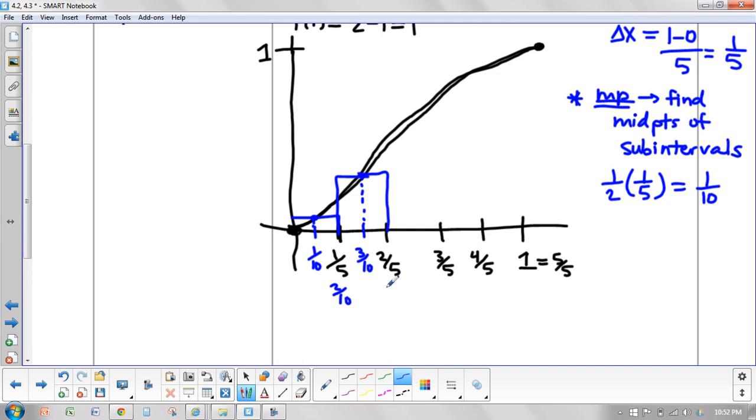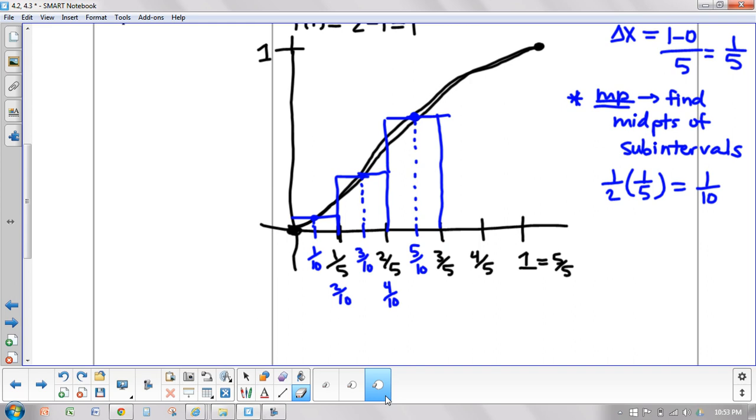And then 4/10 is the same thing as 2/5. 5/10 would be halfway in between the 2/5 and the 3/5. Go up till you hit the function, and then go over to make your rectangle. So the initial subdivisions where you marked your fifths, the black parts, those should be the sides of your rectangle, but the height is coming from the midpoint.